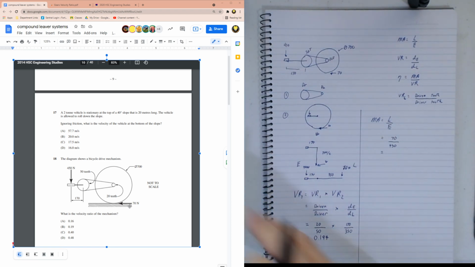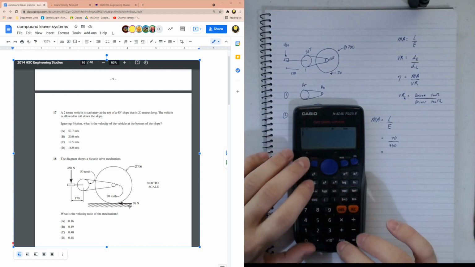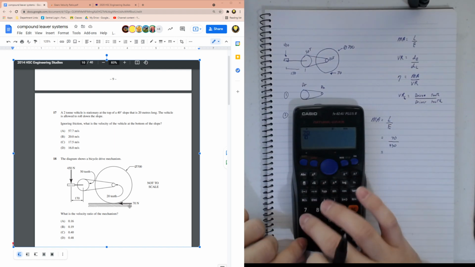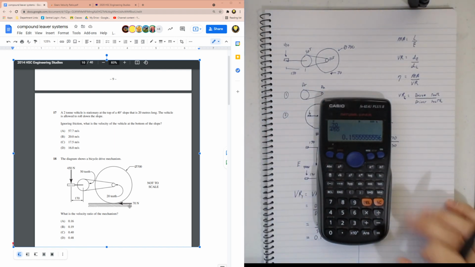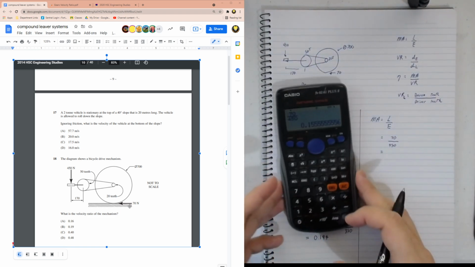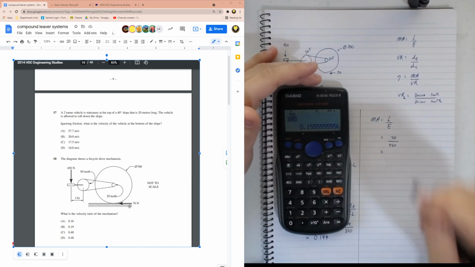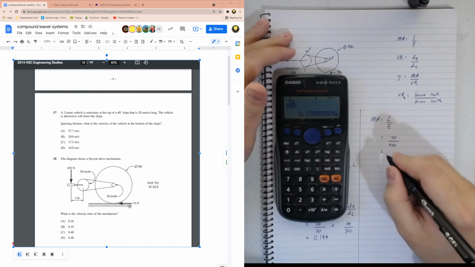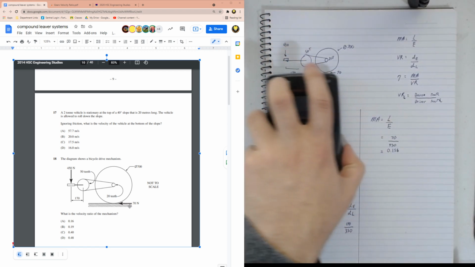If we put 70 over 450 into the calculator, we get 0.1555 recurring. Let's round that to 3 decimal places, so 0.156 is our mechanical advantage.